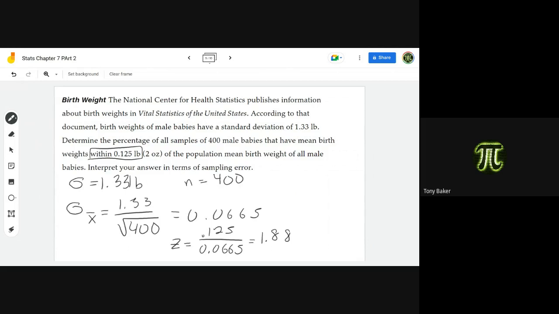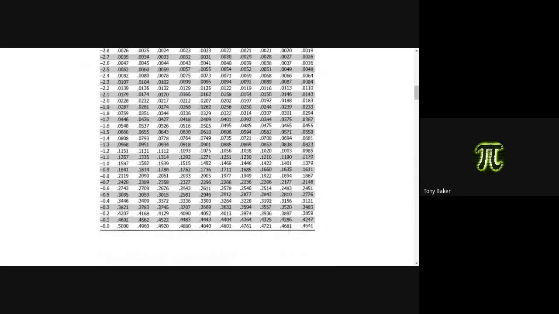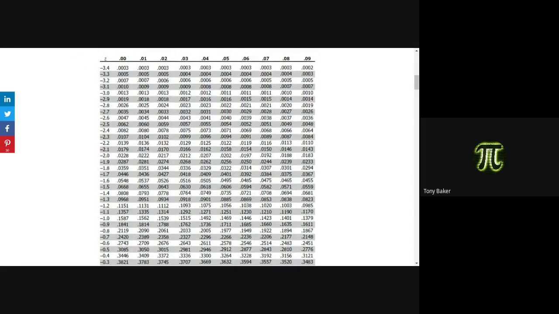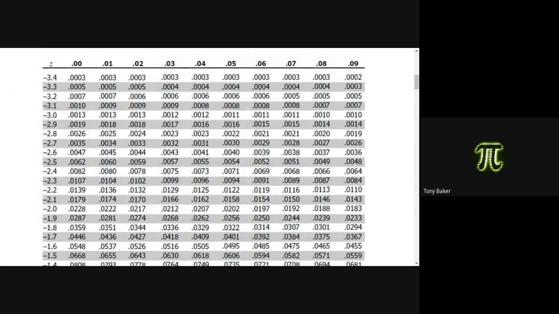All right, so we go to our Z table. We're looking up, remember, we've got to go both sides, right? So the negative 1.88 and the positive 1.88. Negative 1.88 is 0.0301.